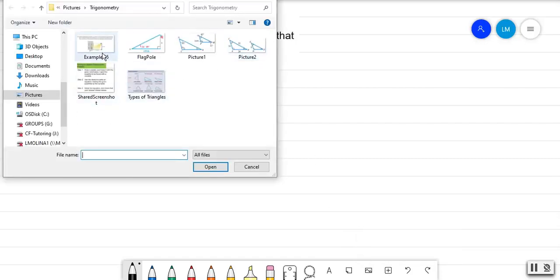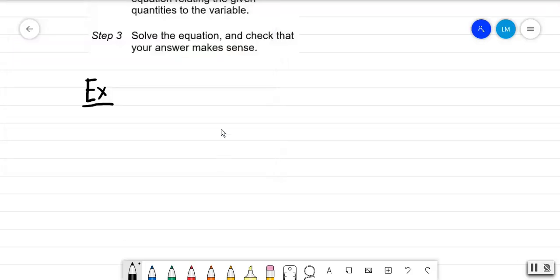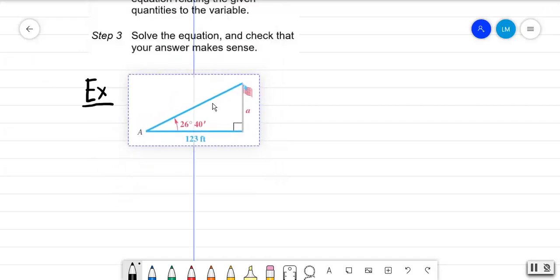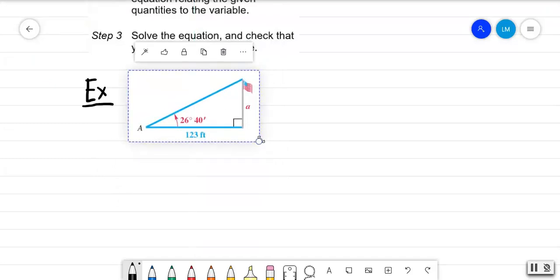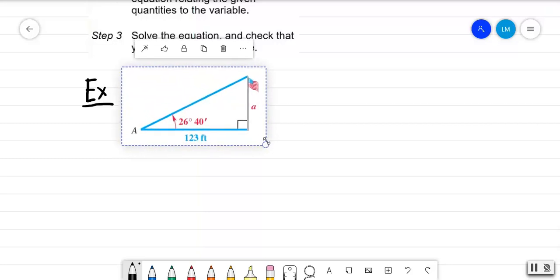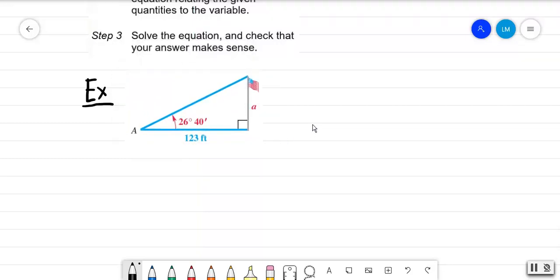So we'll look at this example where I want to figure out the height of this flagpole. We can see that the angle of elevation is 26 degrees, 40 minutes, and that the horizontal distance is 123 feet from the base to where the line of sight was.